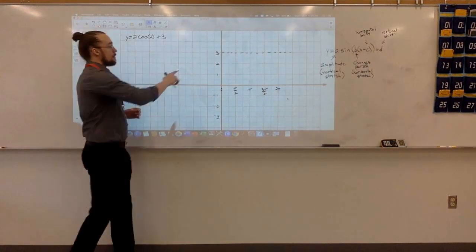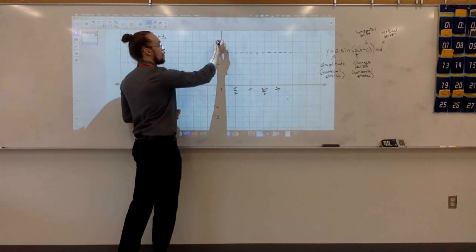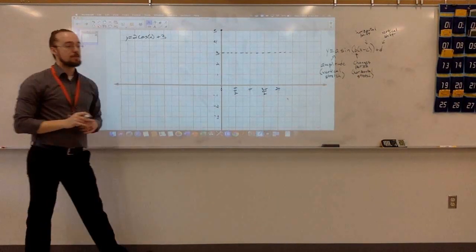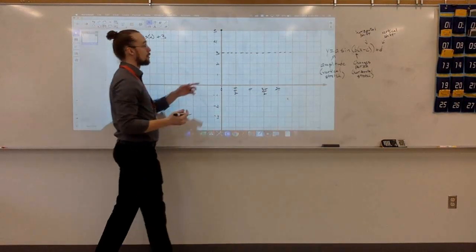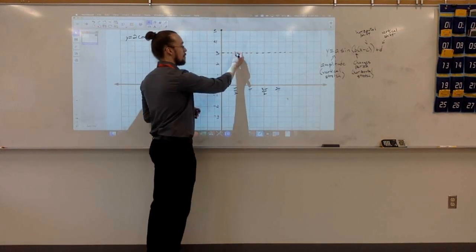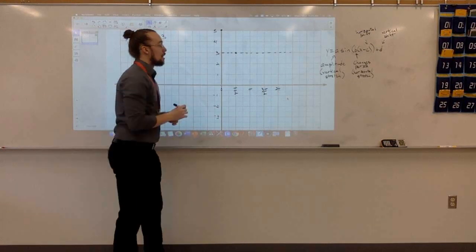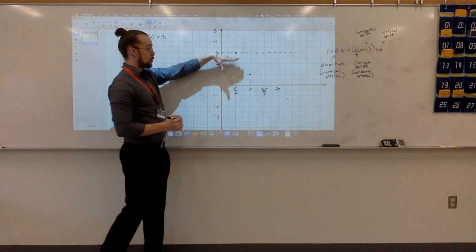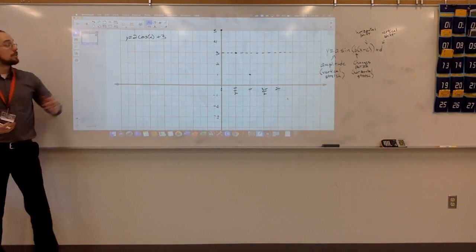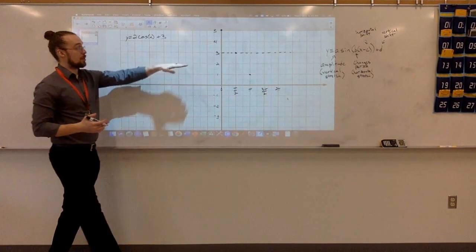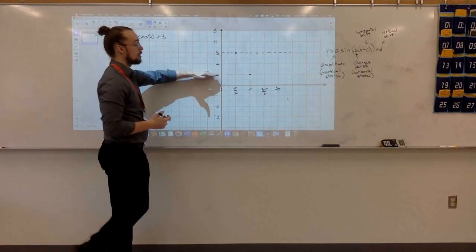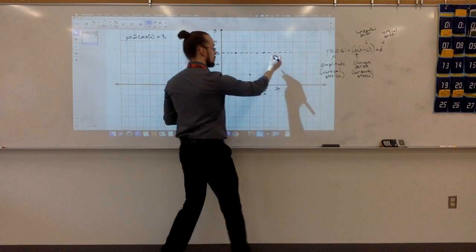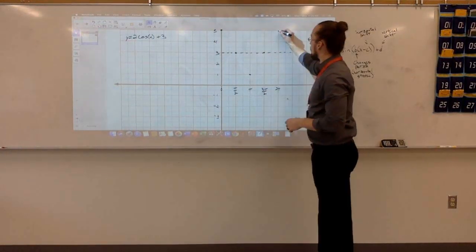Cosine starts on the y-axis at the maximum, comes down and crosses the midline at pi over 2. The minimum value is then at pi, and it's 2 away from the midline because my amplitude is 2. Then at 3 pi over 2, it goes back up and crosses the midline. At 2 pi, I'm back up to my maximum.